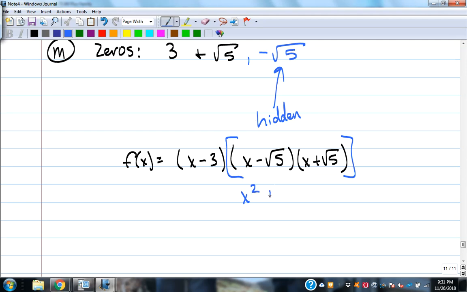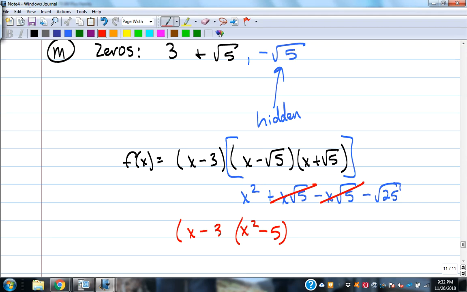X times the square root of 5 is x square root of 5. Negative square root of 5 times x is negative x square root of 5. Square root of 5 times negative square root of 5 is negative square root of 25. Simplifying that, those go away. What's the square root of 25? 5. So it's x squared minus 5. Oh, man, that suddenly got a lot shorter.